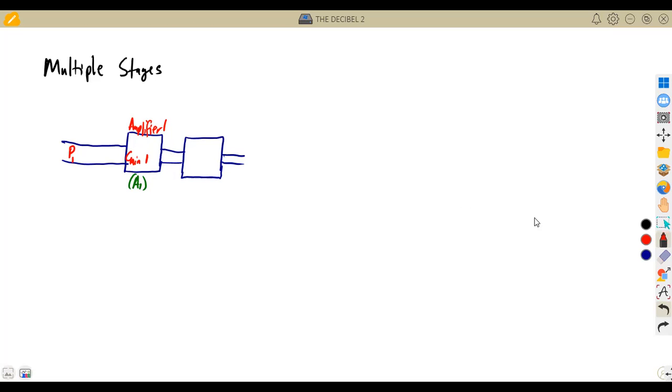Once this power is transmitted, we are going to have our power 2, our power 3 in this case, to the second amplifier. So we are now having our second amplifier, which is our amplifier 2, with its gain. So we have got gain 2, which we can write as A2, representing the gain.